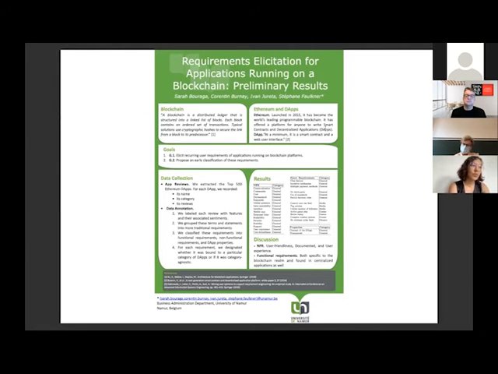Collecting and analyzing requirements from a large group of users or future users has been a topic of interest in the literature. And one way to conduct requirements elicitation from the crowd is to use the app reviews. So we extracted the top 500 Ethereum DApps, and for each DApp, we recorded its name, its category, and its reviews, if any.